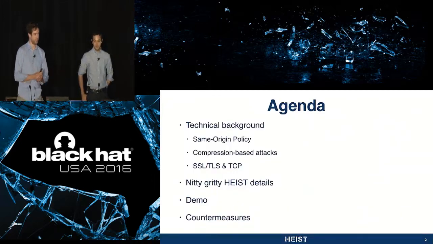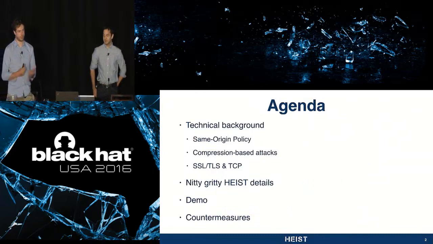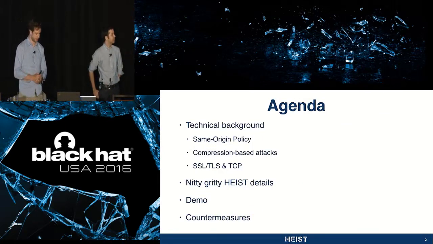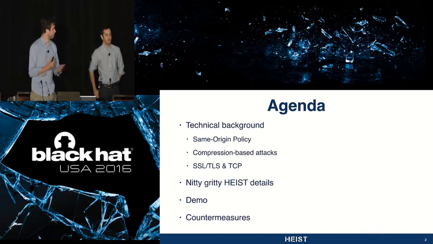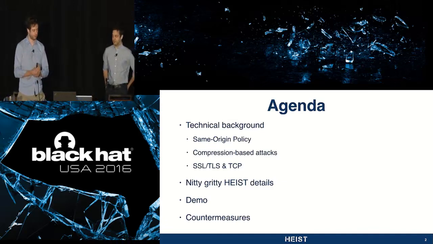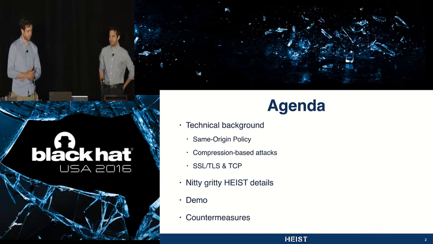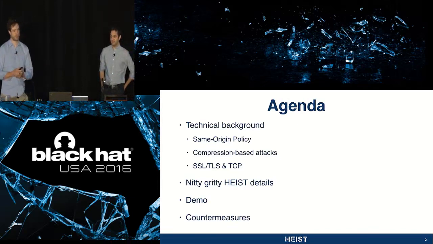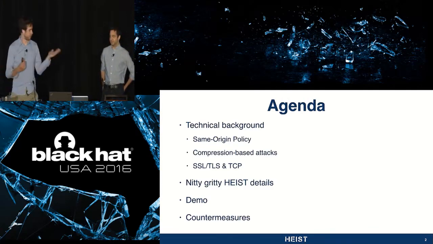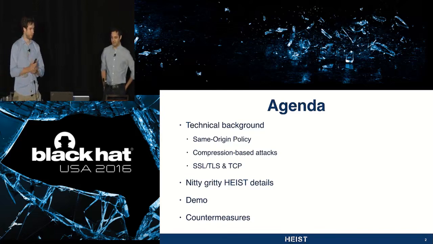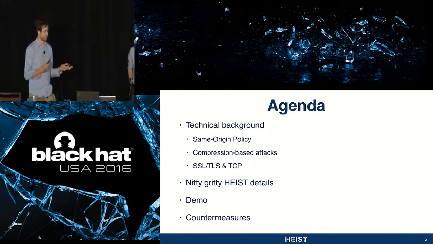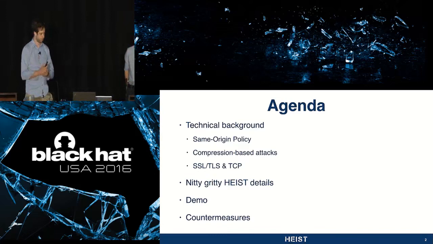So in this presentation, we will first start off with some technical background to make sure that everyone is on the same level. So we will look at the same origin policy. Then I will briefly discuss how compression-based attacks work. Then Matti will give a brief introduction to SSL, TLS, and TCP.